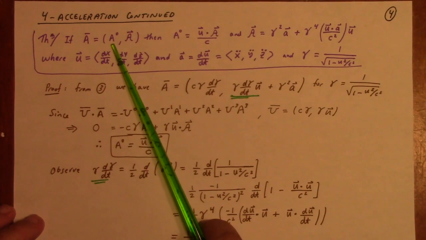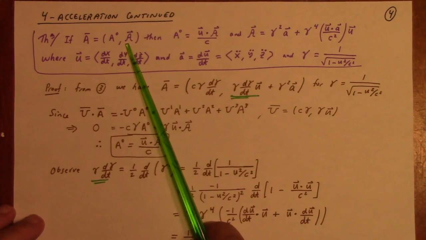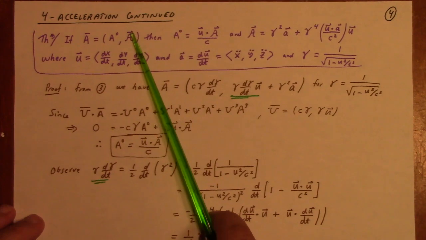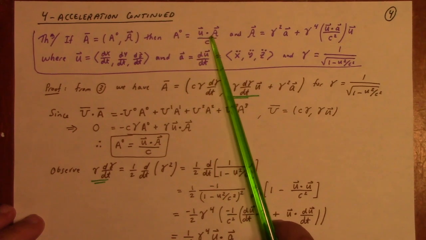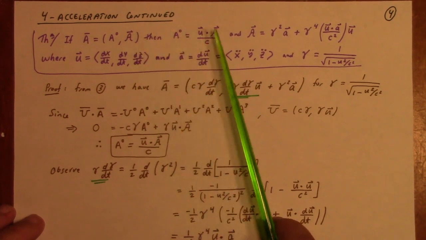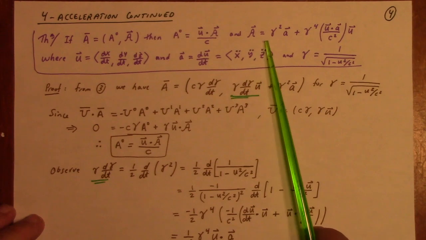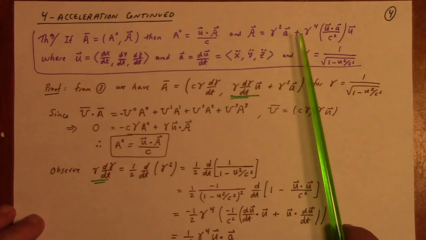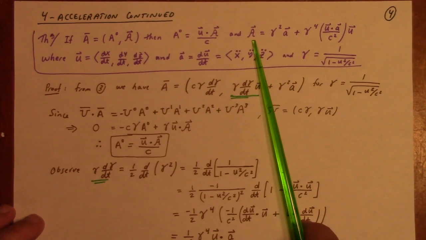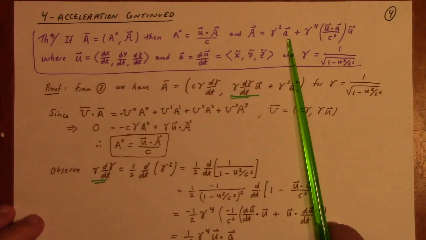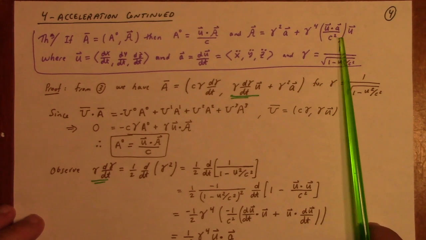If the 4 acceleration has its temporal component, a sub 0, and let's call it script a vector, the spatial part of the 4 acceleration, then you can show that the temporal component is the ordinary velocity dot the spatial part of the acceleration over c, and the spatial part is gamma squared times the ordinary acceleration plus gamma to the power 4 of the velocity dot the ordinary acceleration over c squared times the velocity.